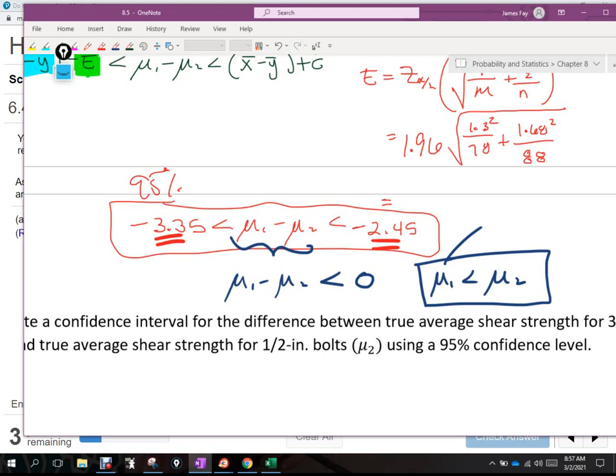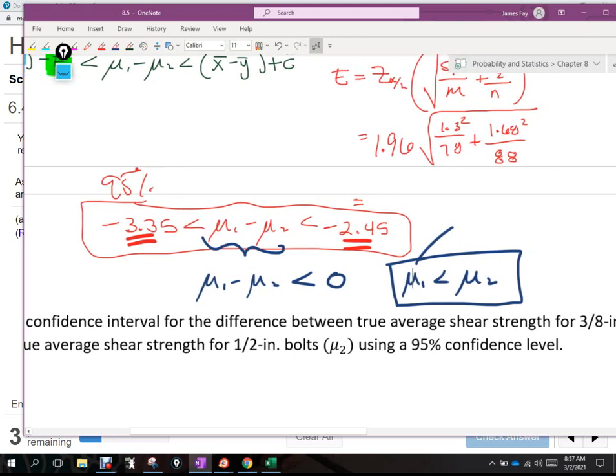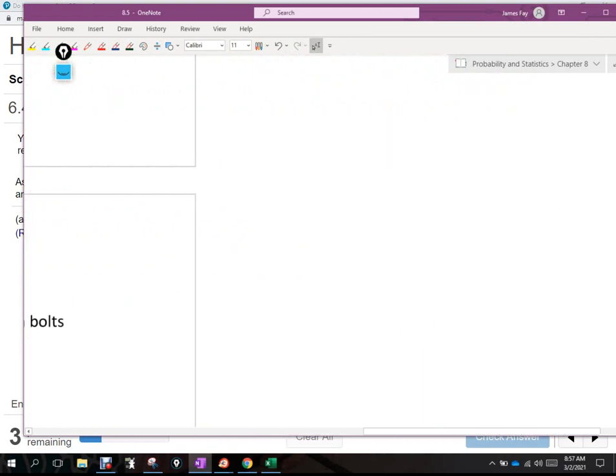So let's do this. That's a good question, because in your homework they're going to ask you these types of questions. Let's say that we had a positive number less than mu1 minus mu2 less than another positive number.